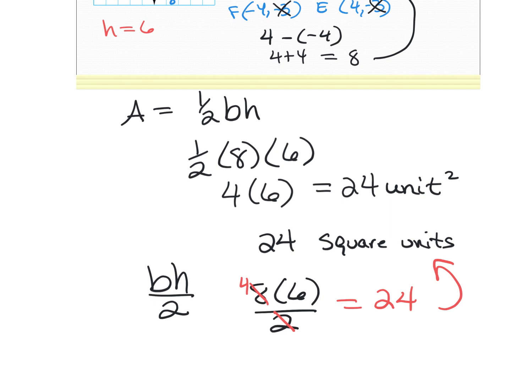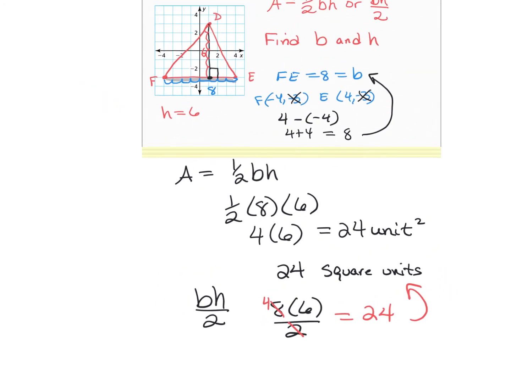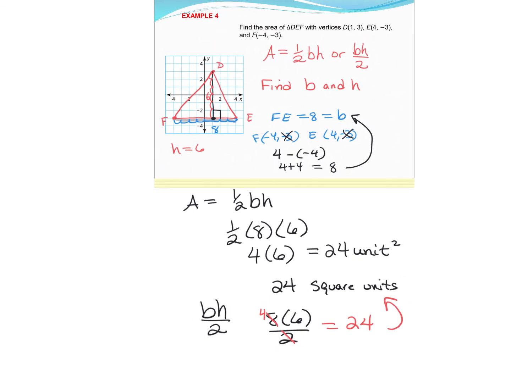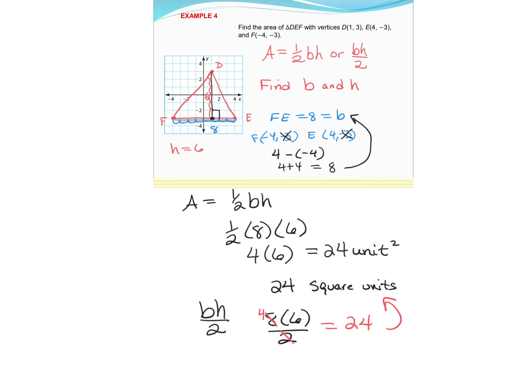So either way, just take half of one of the numbers and then times it by the other. So this is how we can do perimeter and area questions when your polygon is put into a coordinate plane. We'll use either the distance formula to find the lengths of the sides, or if the lines are horizontal or vertical, just count the units.